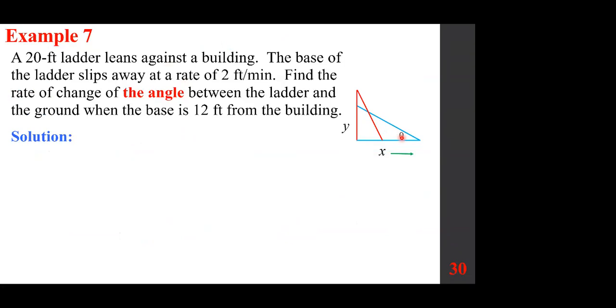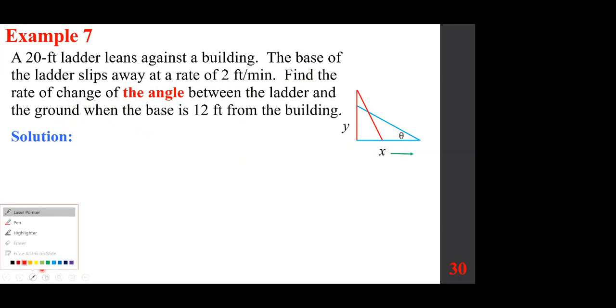It's important to understand a couple of things. Again, we have everything from the previous page. But in this question, it says find the rate of change of the angle between the ladder and the ground. So we want d theta/dt. You want to relate what's given.